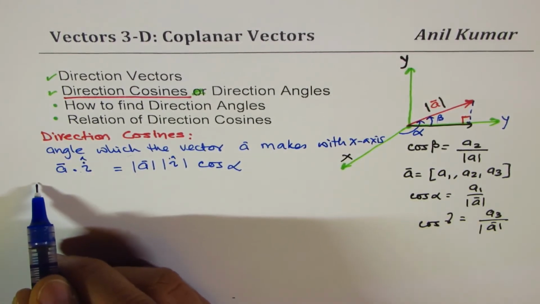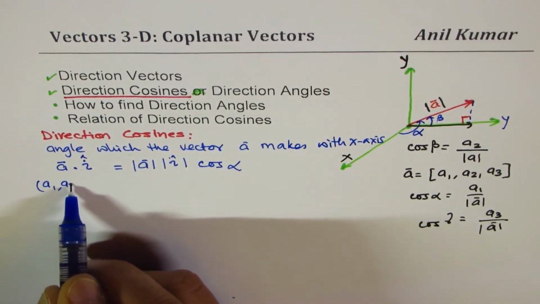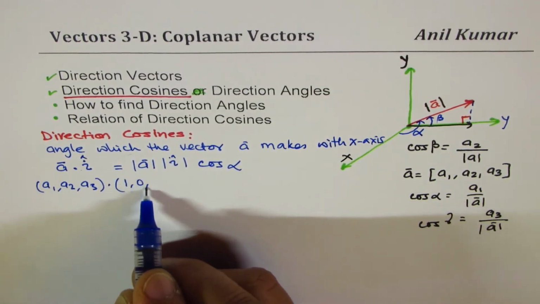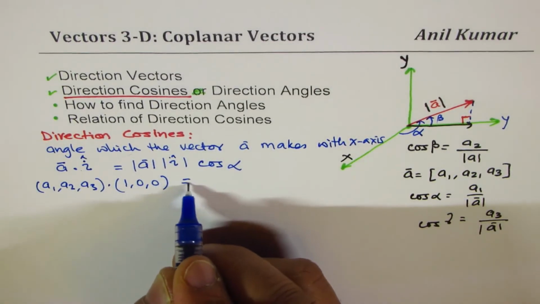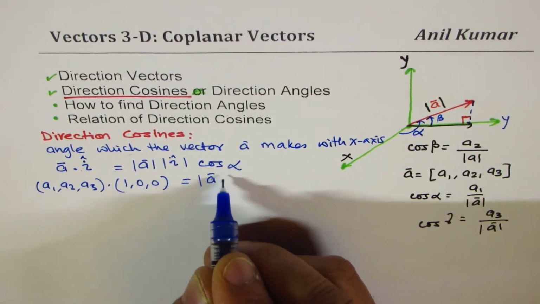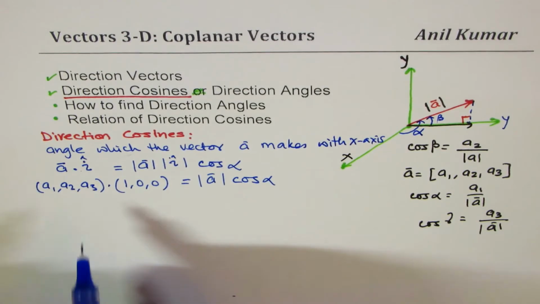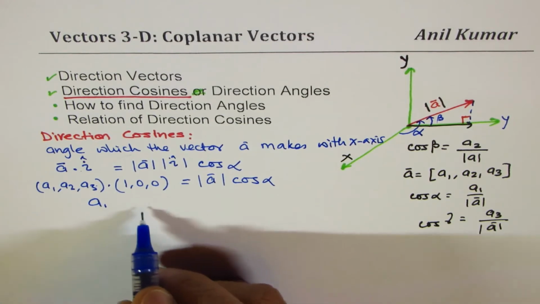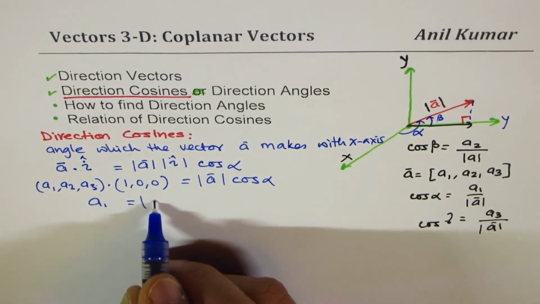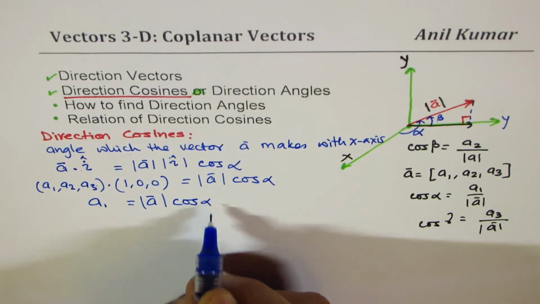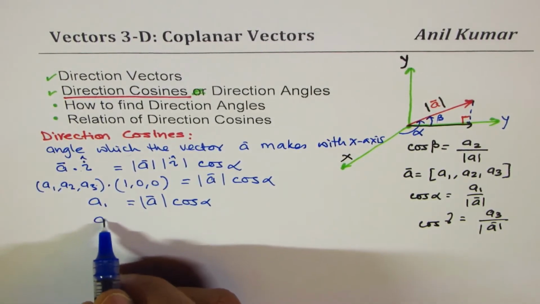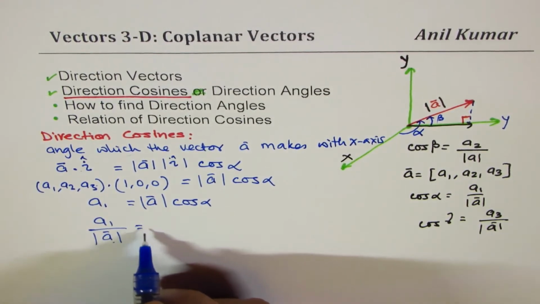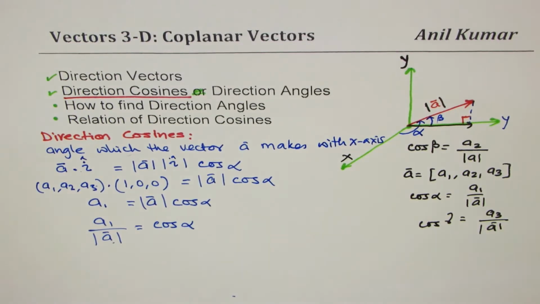Well, the dot product is (A1, A2, A3) dot i vector, which is (1, 0, 0), correct? So that should be equal to, magnitude is 1, we are left with magnitude of A times cos alpha, correct? If you do this dot product, these two are zeros, so we are left with A1 equals magnitude of A times cos alpha. So from here, we can also get the same relation: A1 divided by the magnitude of A is cos of alpha. Do you see that?